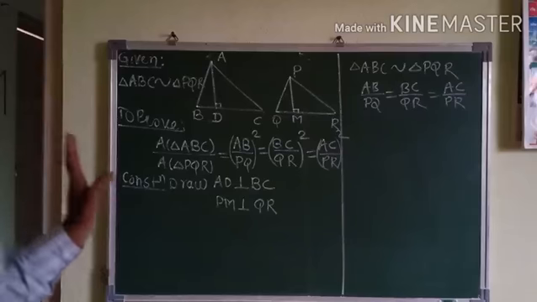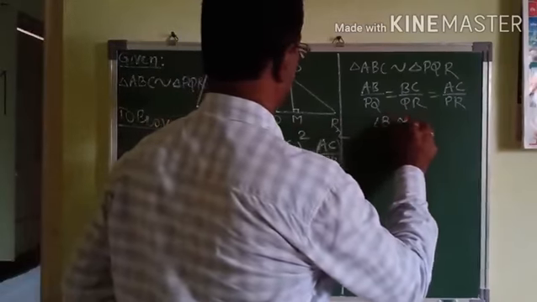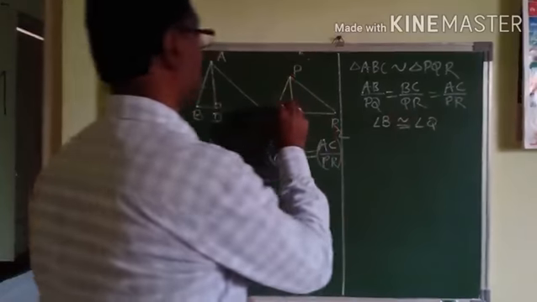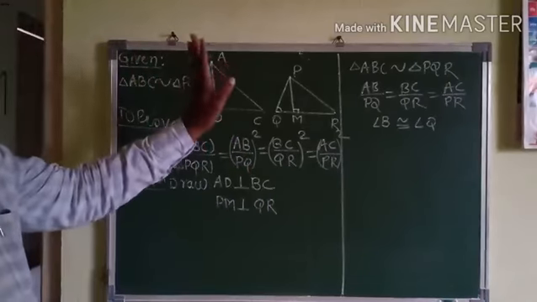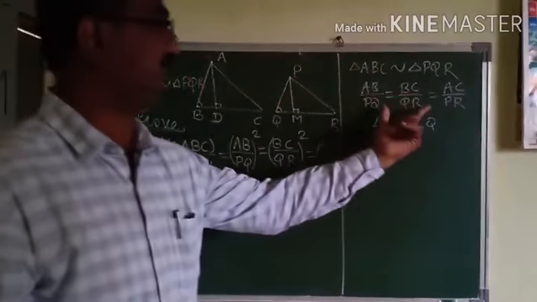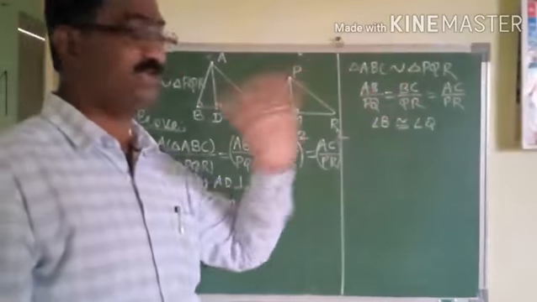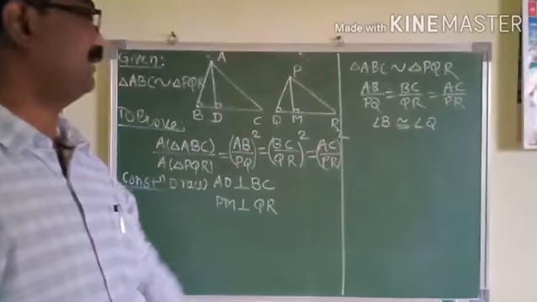And their corresponding angles are also congruent. So we have taken only angle B congruent to angle Q. We are not interested in the remaining two angles.